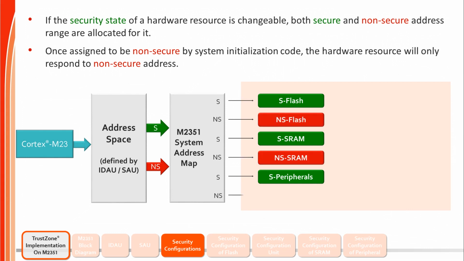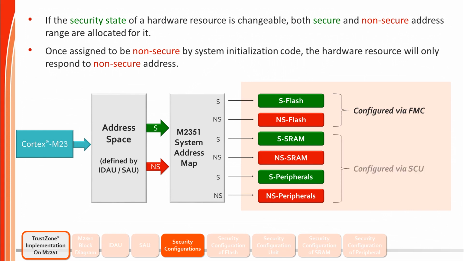If a hardware resource is assigned to be non-secure, it will only respond to an access to its non-secure address range. The security attribute of flash is configured by the FMC, which stands for Flash Memory Controller, and the security attribute of SRAM and peripherals is configured by the SCU, which stands for Security Configuration Unit.